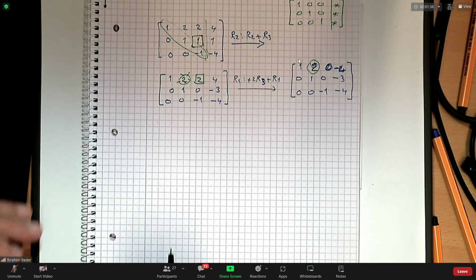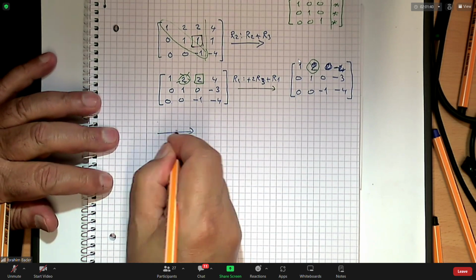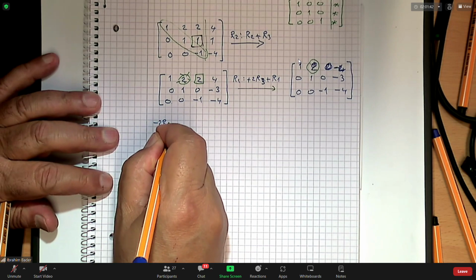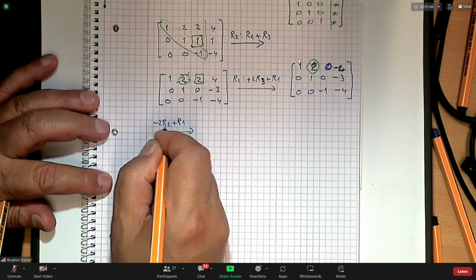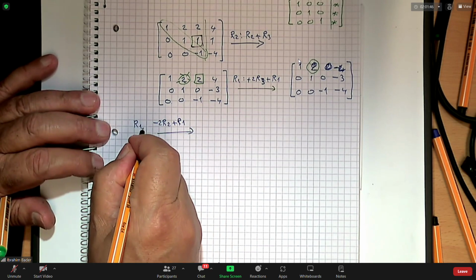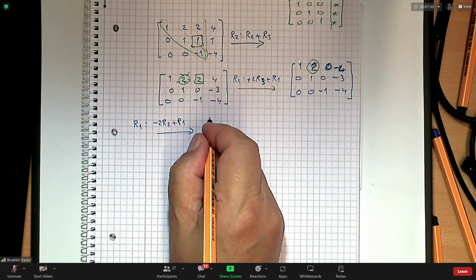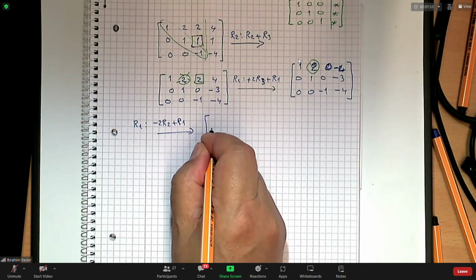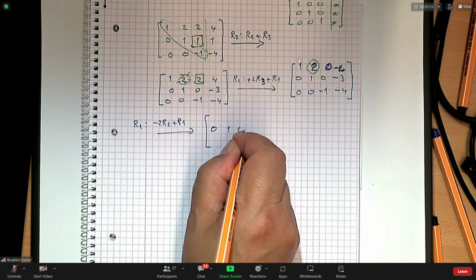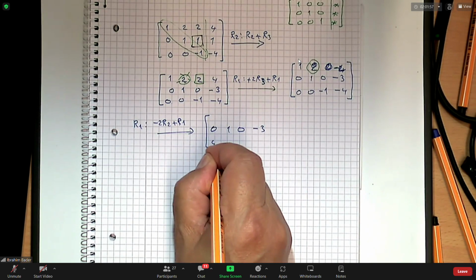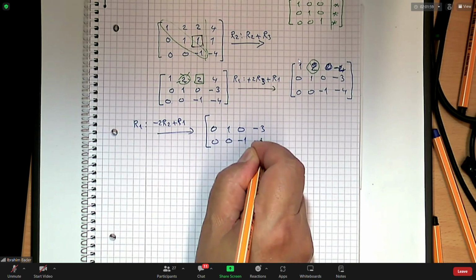So here -2 R2 plus R1, and we are going to replace R1. So 2 and 3 remain the same. 0, 1, 0, -3, 0, 0, -1, -4.